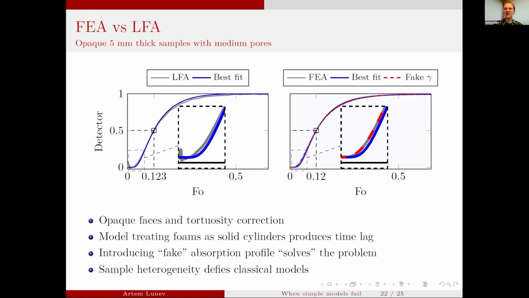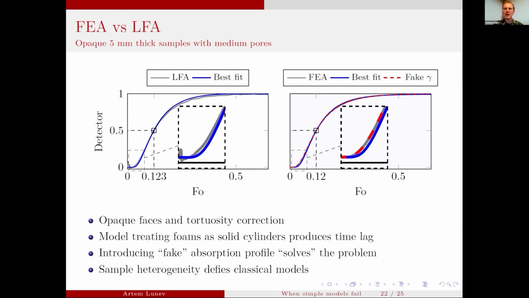It's so hard to identify that it usually leads to arriving at the wrong estimate of the gamma parameter. If you introduce a fake absorption profile, then you get the same time lag of the time temperature profile, but it's not really true. The model you're using is just producing this best fit accidentally.